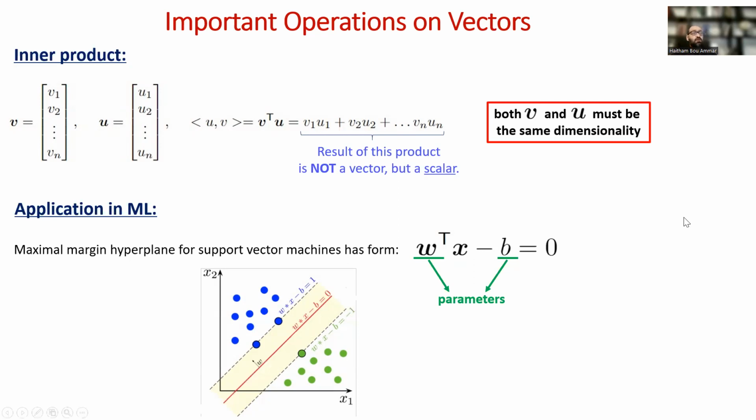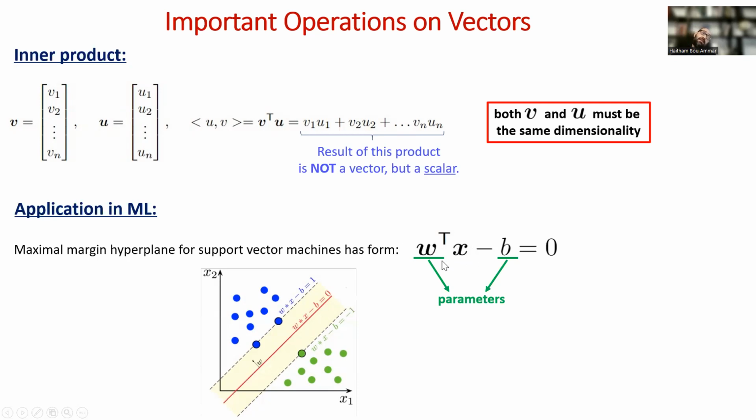We're not going to discuss what support vector machines are, but what this notation means is that you're taking the inner product between your weight vector and your x input.